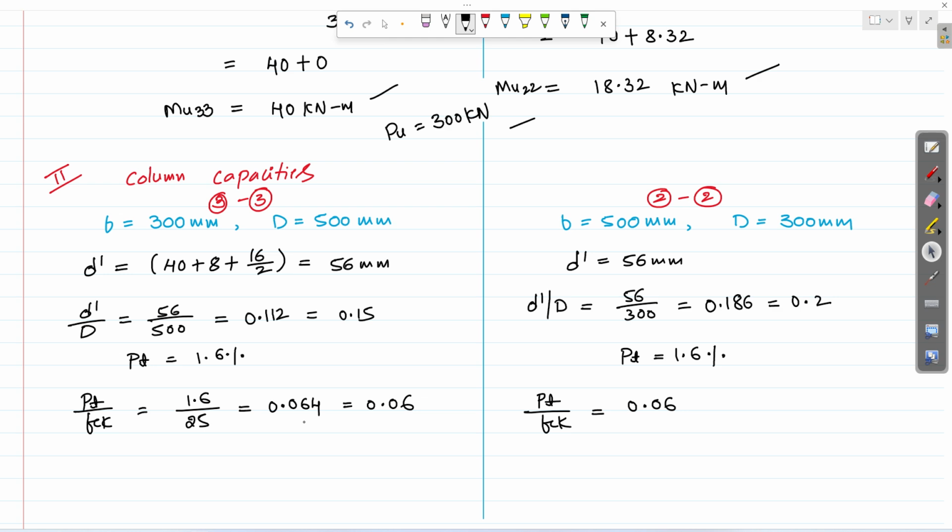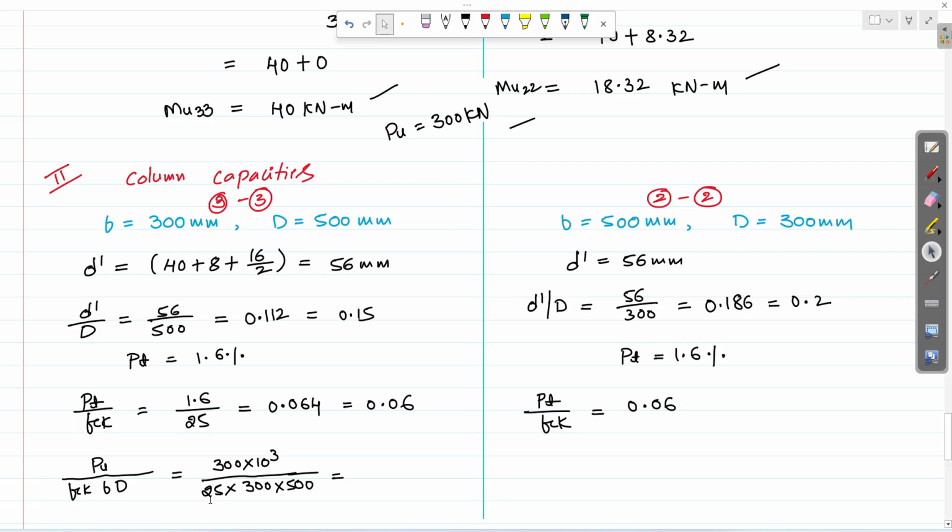So in the next step, you calculate PU divided by FCK BD. So your PU is 300 into 10 power 3 divided by grade of concrete 25, B 300, D 500.